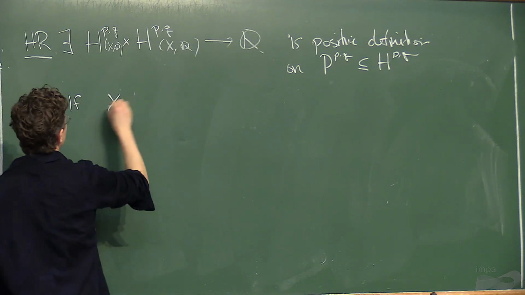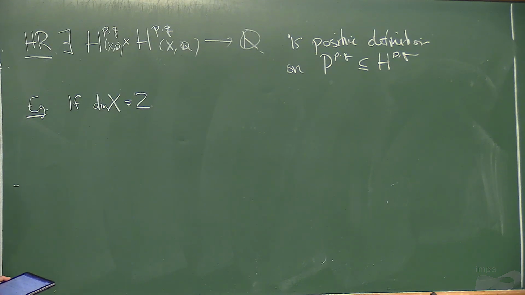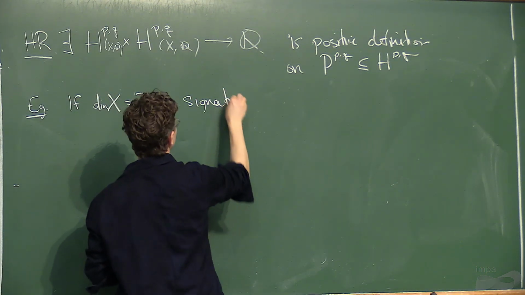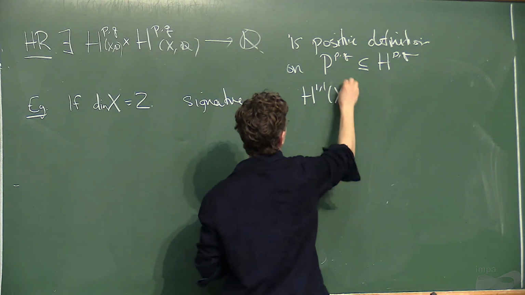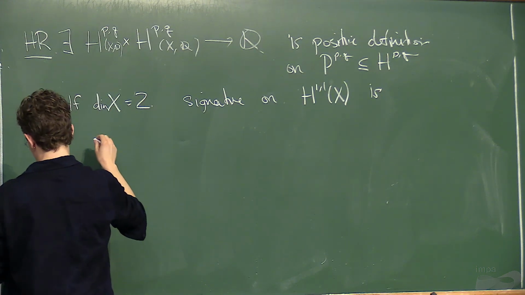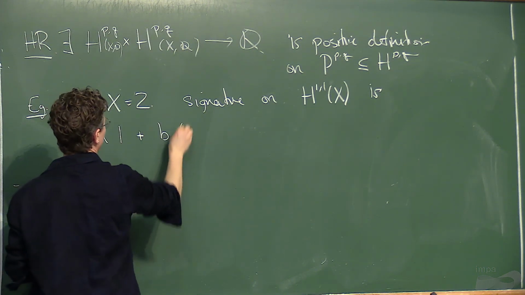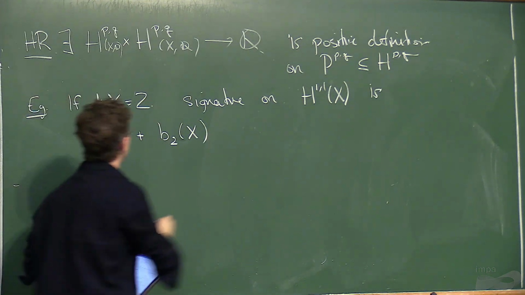If X is dimension 2, then this signature on H11 of X is 1 plus the second Betti number of X, so whatever the second Betti number of this two-dimensional thing is.